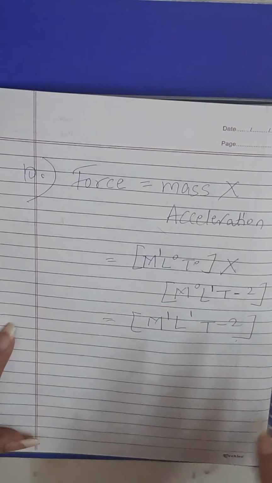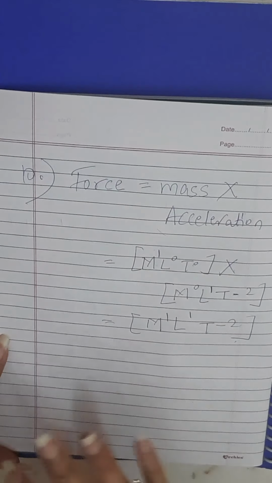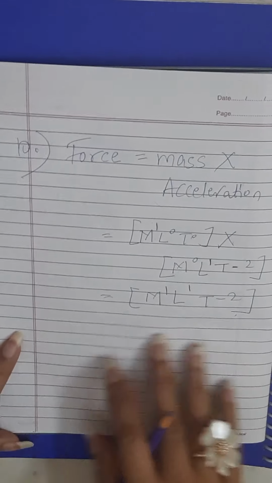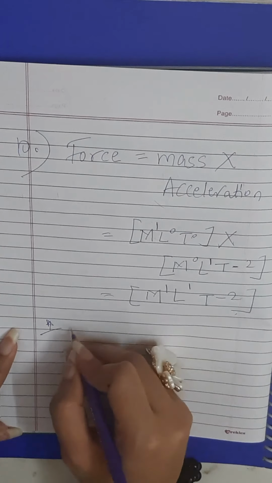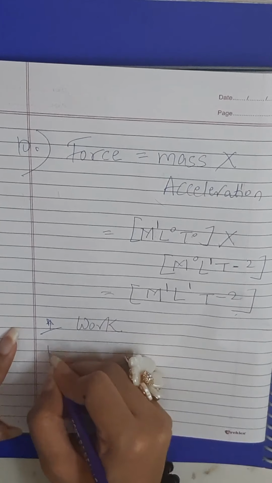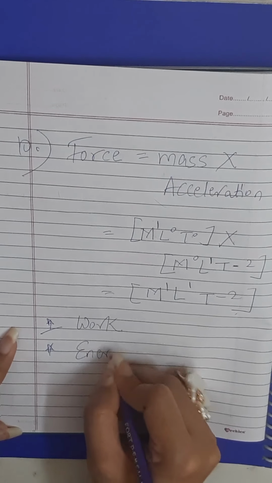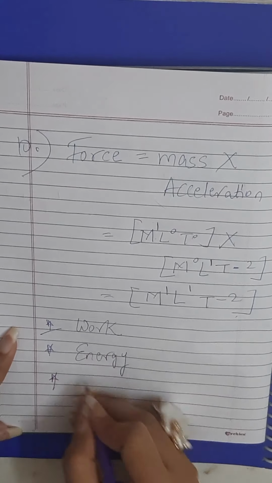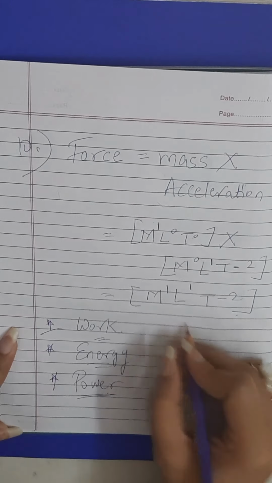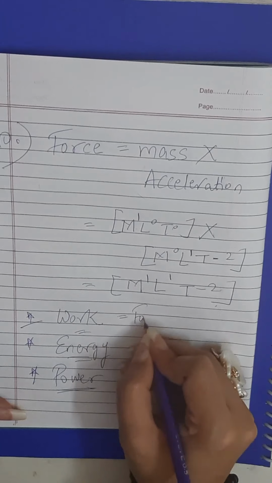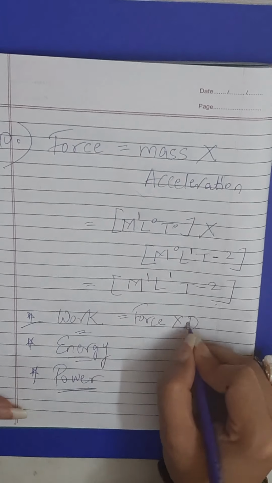So this is how we design dimensional formulas, and I want all of you to frame dimensional formulas of work done, energy and power. For this I am giving you some hints. Work done is force into displacement.